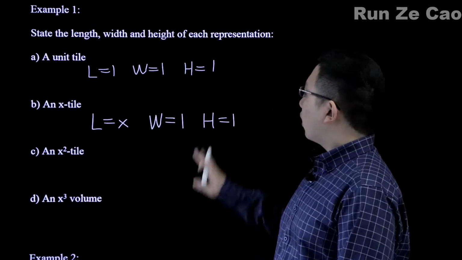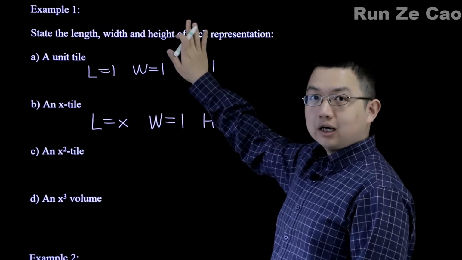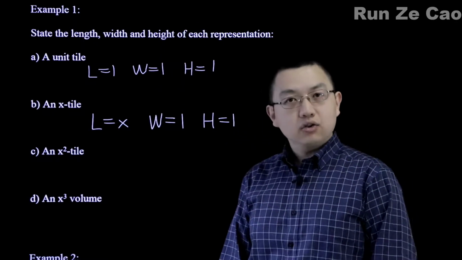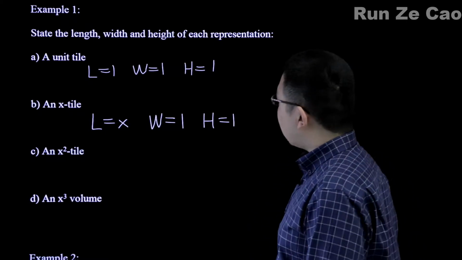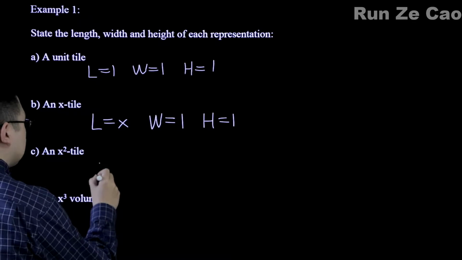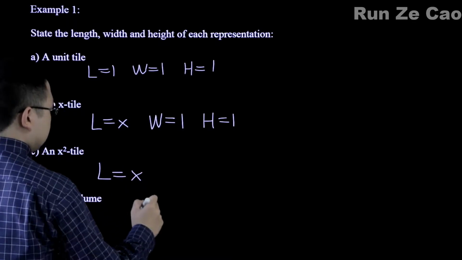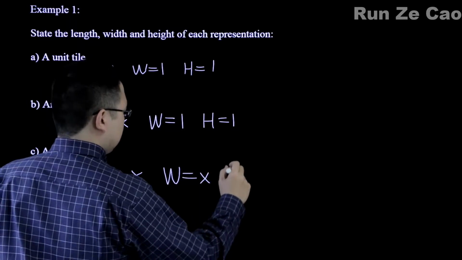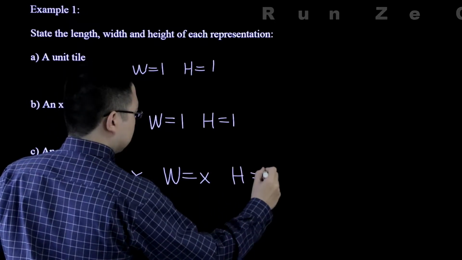Or, if you're working in 2 dimensions only, you don't account for the height. So if they don't ask you for the height, then assume you're working in 2 dimensions, in which case you can omit height. X squared tile, length equals X, width equals X, and height equals 1.